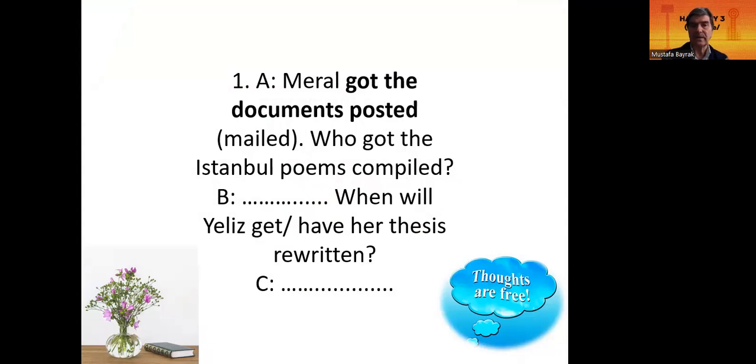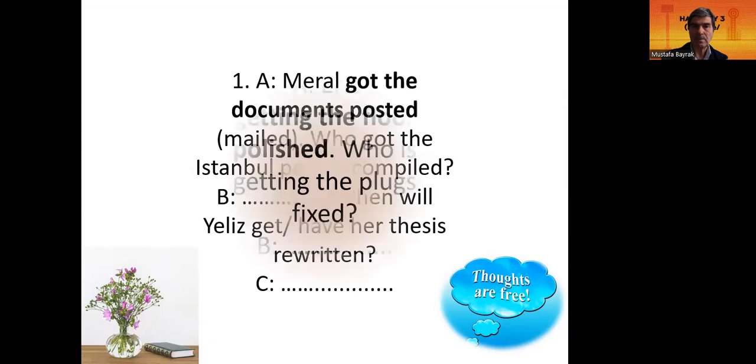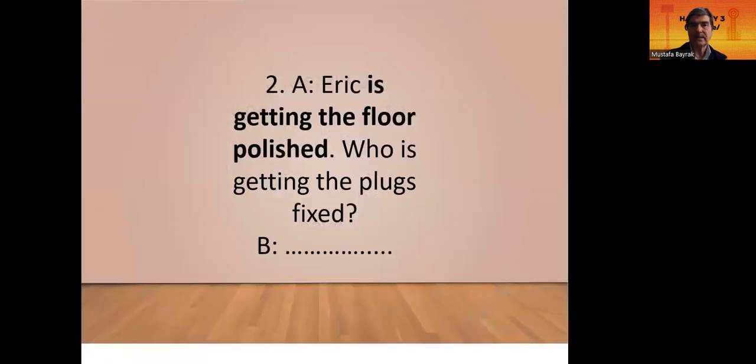She will get it rewritten tomorrow morning. Eric is getting the floor polished now. Okay, Eric is getting the floor or having the floor polished now. Who is getting the plugs fixed? Yakup Bey is getting the plugs fixed.